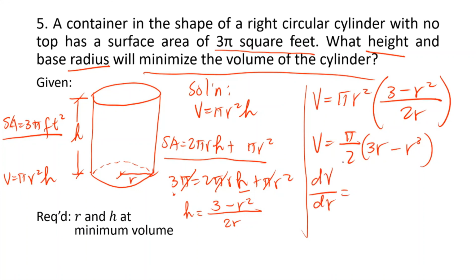We have a constant multiple rule here, and then 3r, derivative is 3, and then power rule for this one, 3r squared. Set this to 0 and then solve for r.